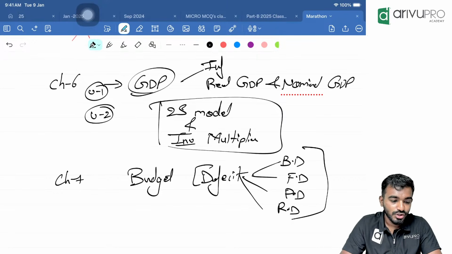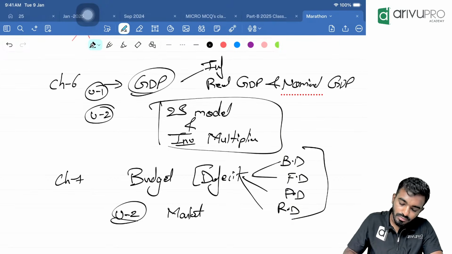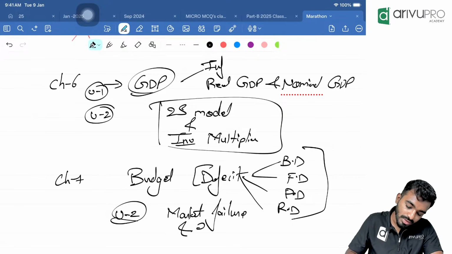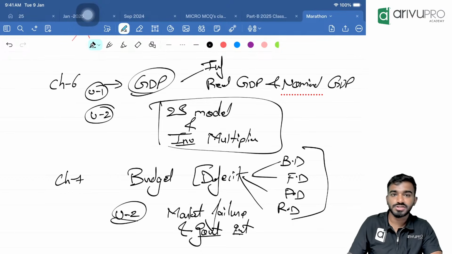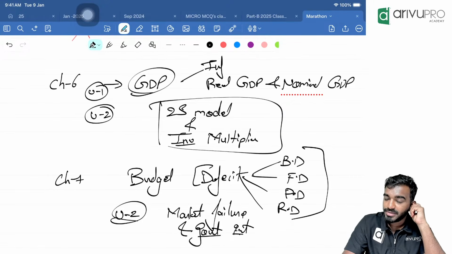And unit 1, unit 2, unit 4, full concept base. Especially unit 2 is most important in chapter 7. Unit 2, market failure and government intervention to market failure. Most important here. Market failure and government intervention to correct market failures.